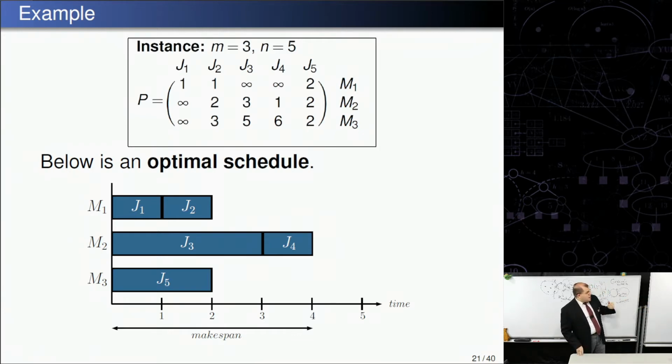For example, I think it's job 4 over there. Yeah, job 4 could take 6 time units on machine 3 versus 1 time unit. That's a big difference, right? So hopefully this gives you a flavor of this classic combinatorial optimization problem.